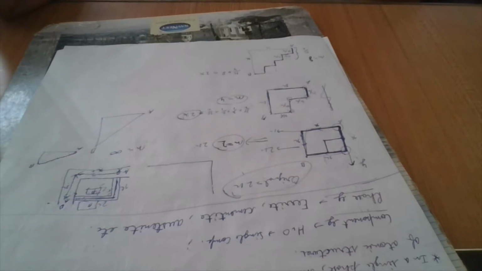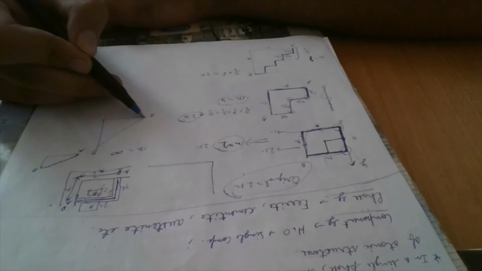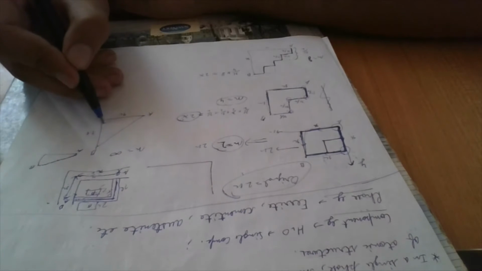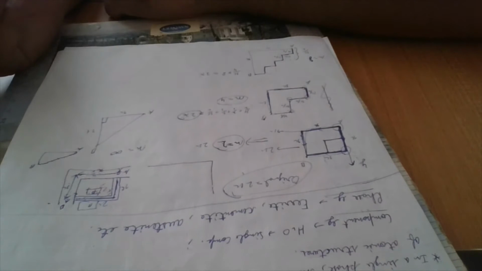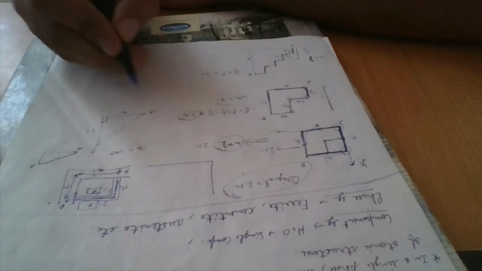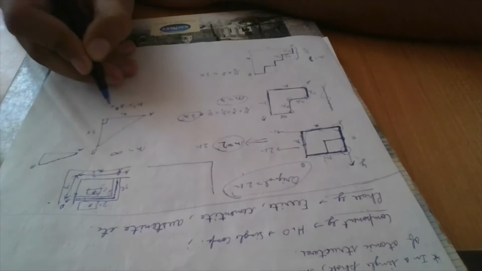Now let us calculate the distance of the line from point A to point B. Here is x, here is x. This was 90 degrees originally, and you can use the Pythagoras theorem, that is, hypotenuse square equals base square plus perpendicular square.